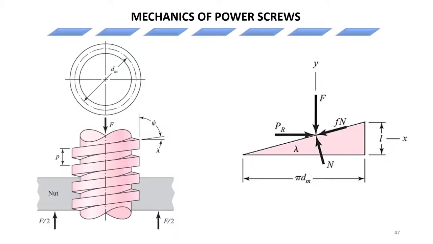Let's look at this description in diagrammatical form. Here we have a diagram showing the screw in cross section.